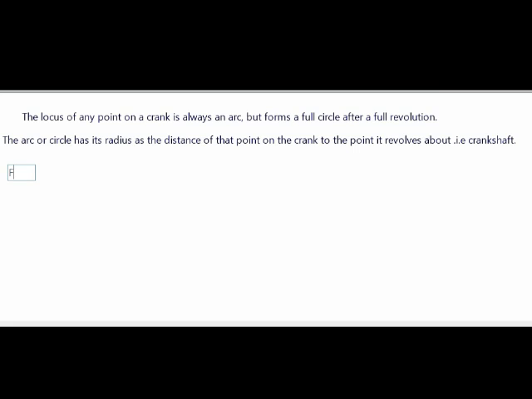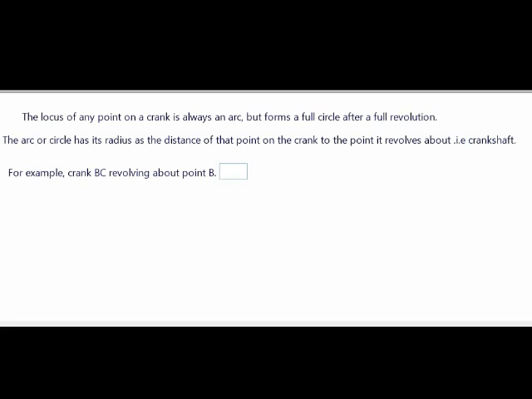The radius that creates the arc of the circle is the distance of that revolving point from the fixed point. The fixed point is the crankshaft, and the revolving point is the point on the crank. So the radius is the distance between those points.